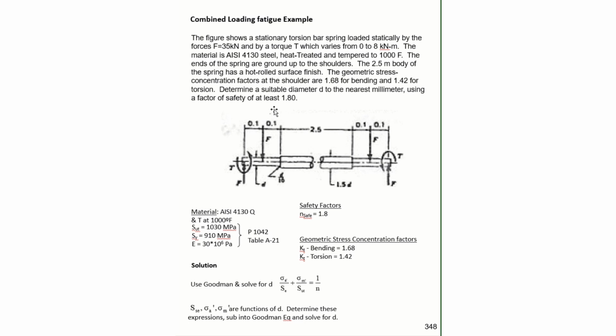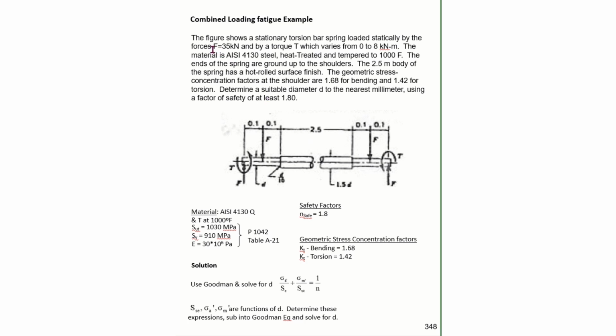in this problem. It first says that the stationary torsion bar, so we know that this bar here is not rotating. It is a fixed bar with a load on it that sees a torsion and sees a torque. This is not a spinning rod.